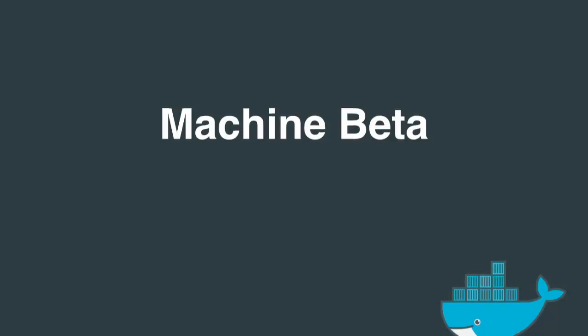As Victor said, the first part is Docker Machine. Docker Machine was announced back in November. That was where the alpha was in DockerCon Europe. Today we have a beta available, and the 1.0 is scheduled to be released in June.